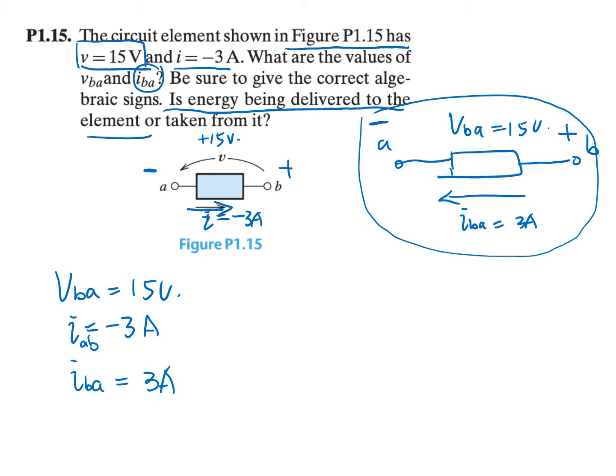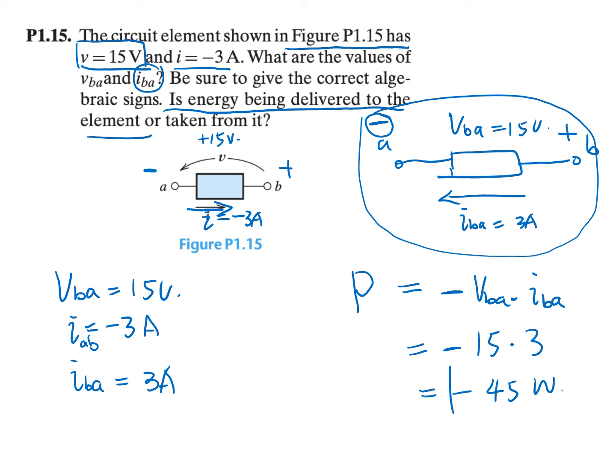Now we can see that the current is leaving the positive terminal. So we have P is equal to negative VBA times IBA. So that is negative 15 times 3, which is negative 45 milliwatts. So we can see that this element is delivering energy to the circuit.